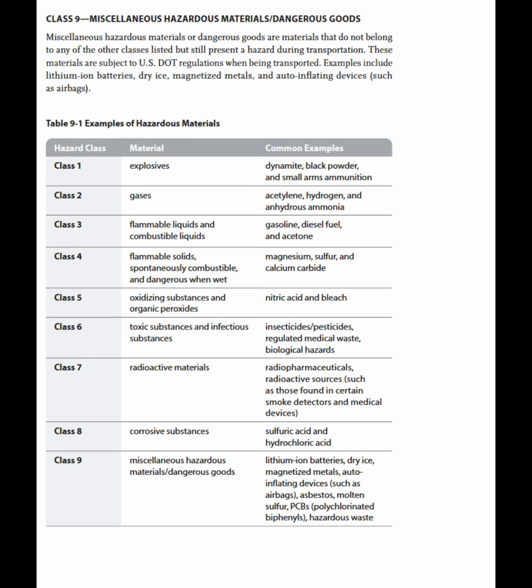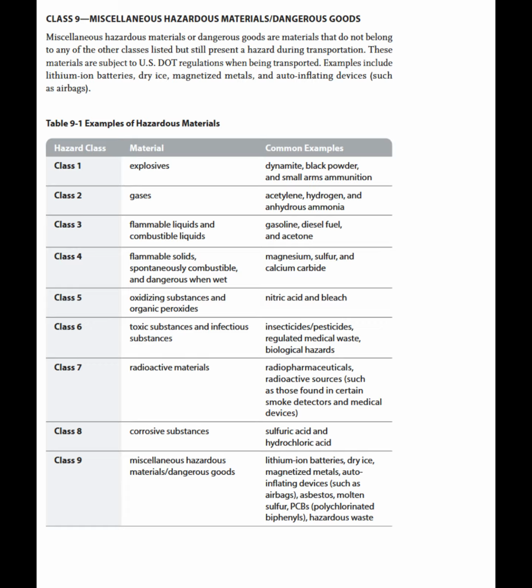Hazard class. Class 7. Materials such as radioactive materials. Example: radiopharmaceuticals, radioactive sources, such as those found in certain smoke detectors and medical devices. Hazard class. Class 8. Materials such as corrosive substances. Example: sulfuric acid and hydrochloric acid.